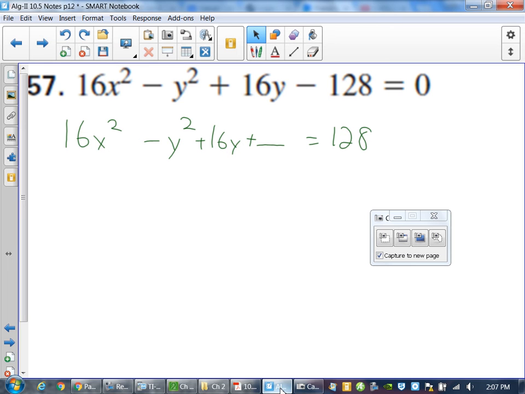What happens before you complete the square here, and this is where you guys will make your mistake. Before you complete the square, what does the coefficient of the y squared term have to be? It has to be 1. Right now it's negative 1. So I have to take the negative 1 out to be able to do this.